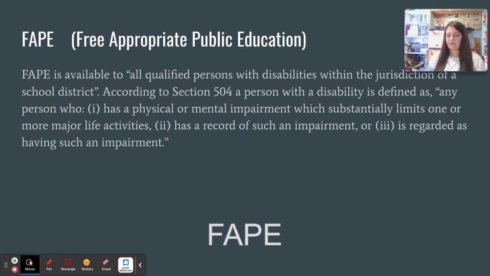Some of those procedures that are set in place to prevent misclassification and inappropriate placement are done by the district. They're done at no cost to the parents. Parents or caregivers must be notified and included in these decisions. They have the right to disagree or challenge an IEP or a placement. They can reject it if they choose to.